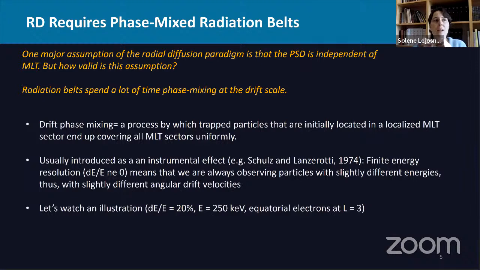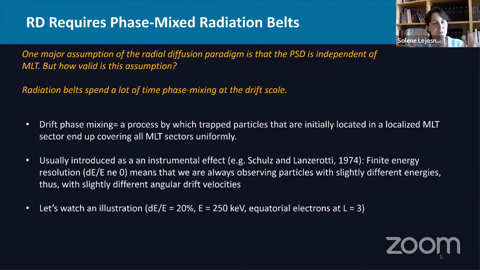So it's going to be like runners on the track. Even if they all start at the same time or all at the same magnetic local time, your particles, you inject particles, then if you let them drift, at some point, they're going to occupy all the track because they don't drift or run at the same speed.